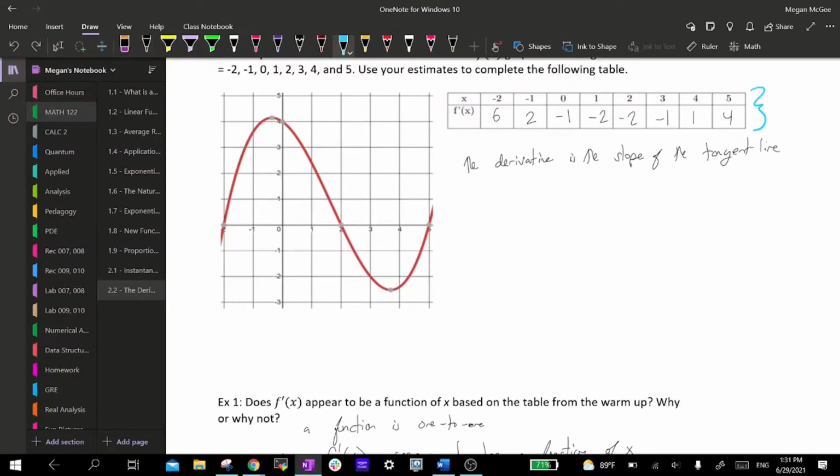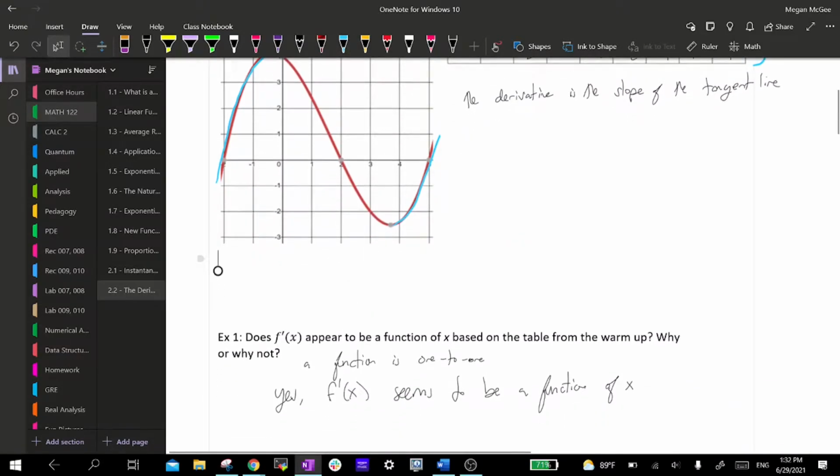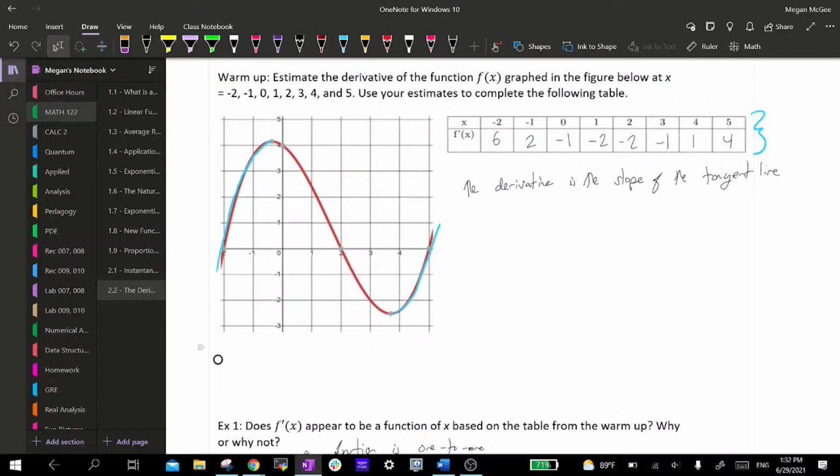So f is increasing here and here, right? So it looks like f is increasing from -2, almost up to 0, right? And then from almost 4 up to infinity.